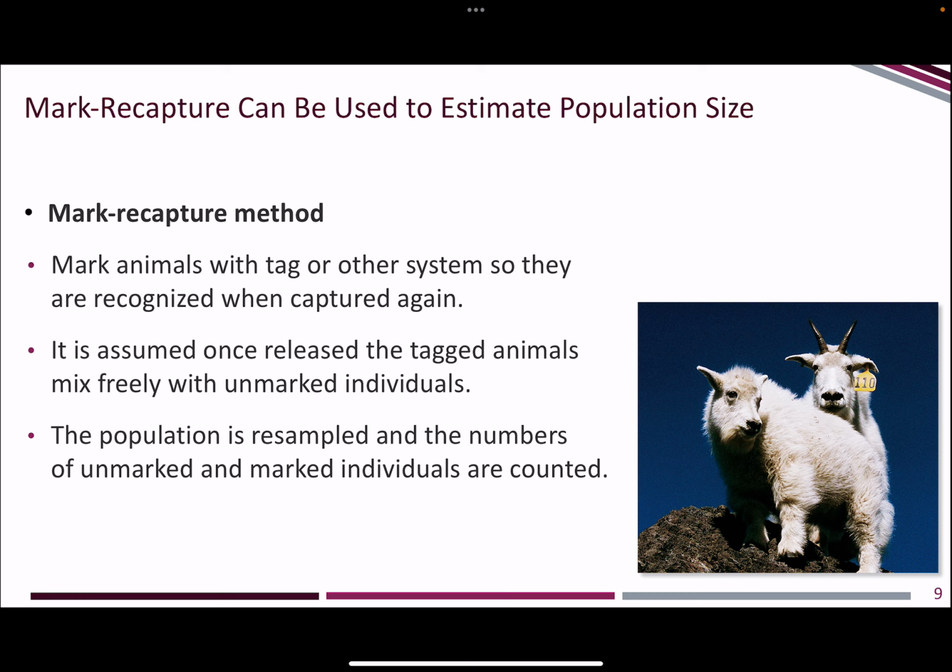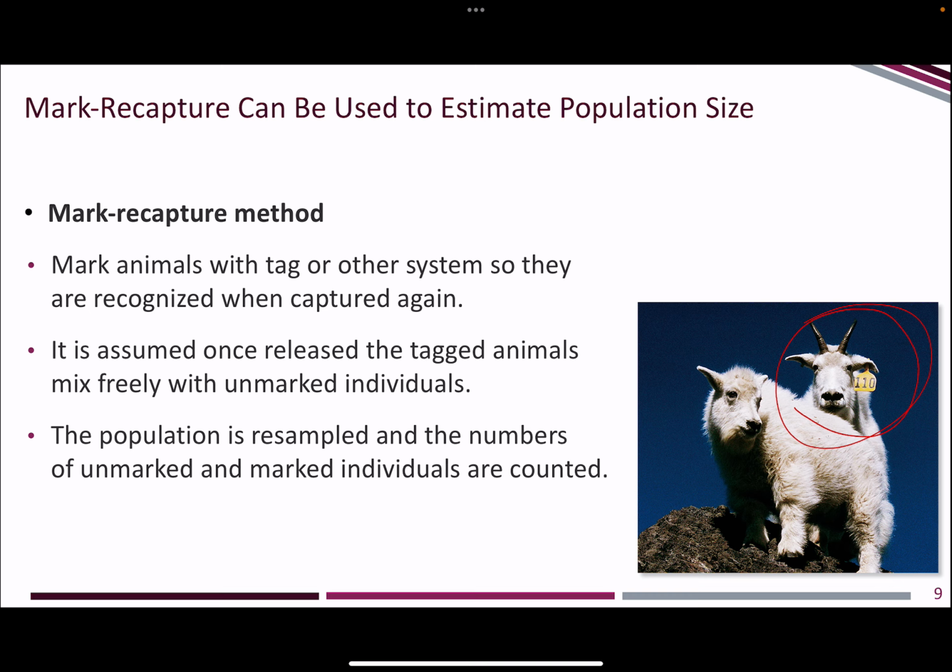But when we're using the mark recapture method, the goal is to tag them the first time you capture them and then go take a second sampling. And in the mark recapture method, you are estimating the population size by the number that you recapture in your particular area. So there's an example here on this mountain goat of an ear tag.